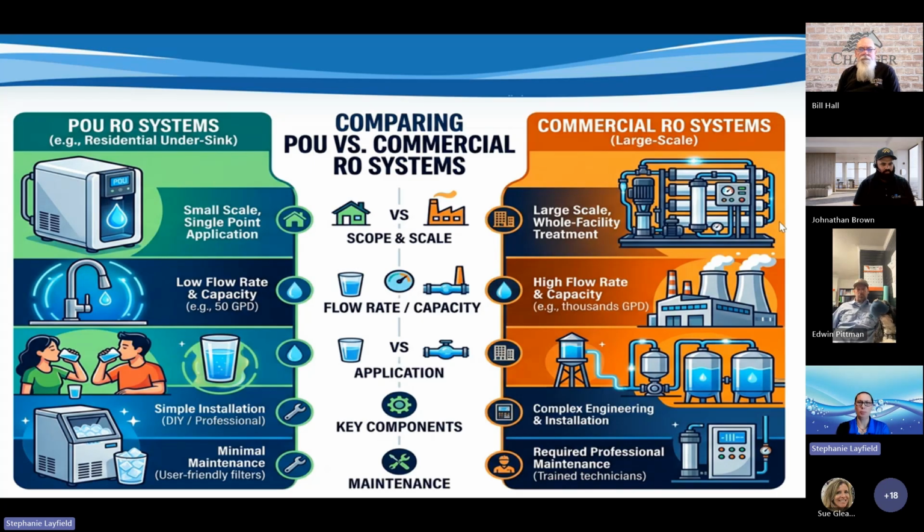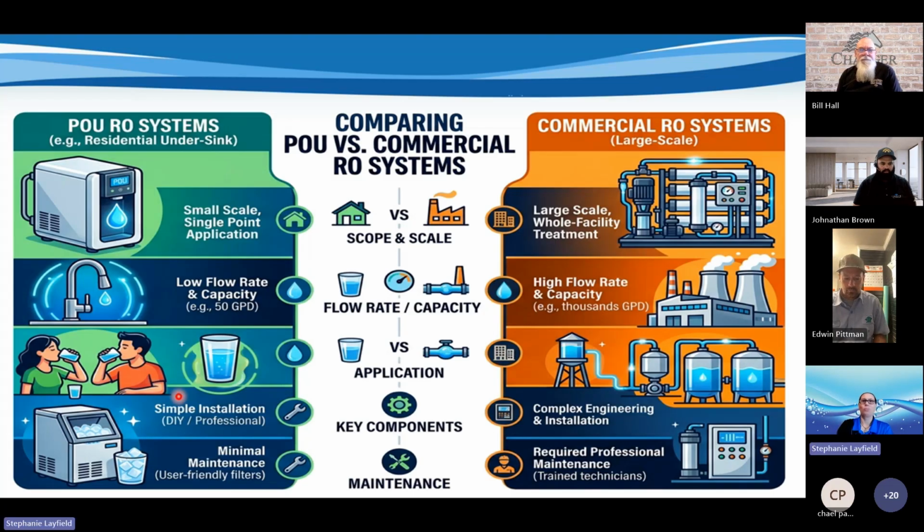Sometimes we can do it in one membrane. But we're looking at a lot higher flow rates and capacity here. Application: there's a wide variety of applications for commercial versus home ROs, which is generally for drinking.